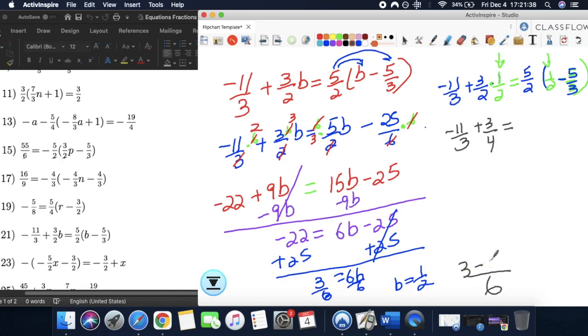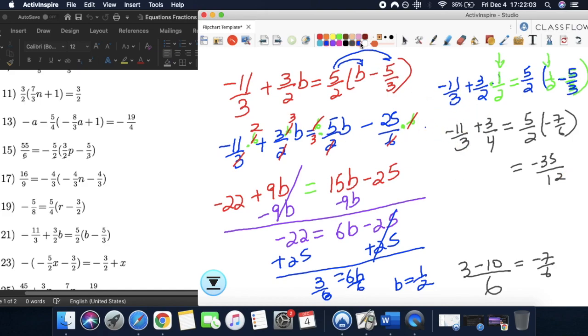It's 3 minus 10. It's going to give me negative 7 over 6. So it's actually 5 over 2 times negative 7 over 6. Now I can multiply. It's going to give me negative 35 over 12 on the right side. So hopefully I get the same answer on the left side.